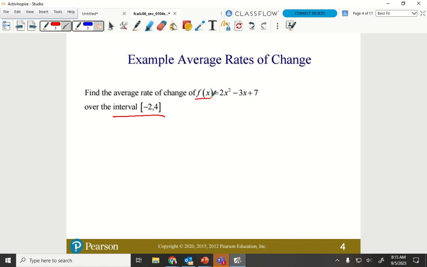Okay. So what I'm going to do here is say my slope formula, which is normally y2 minus y1 over x2 minus x1.